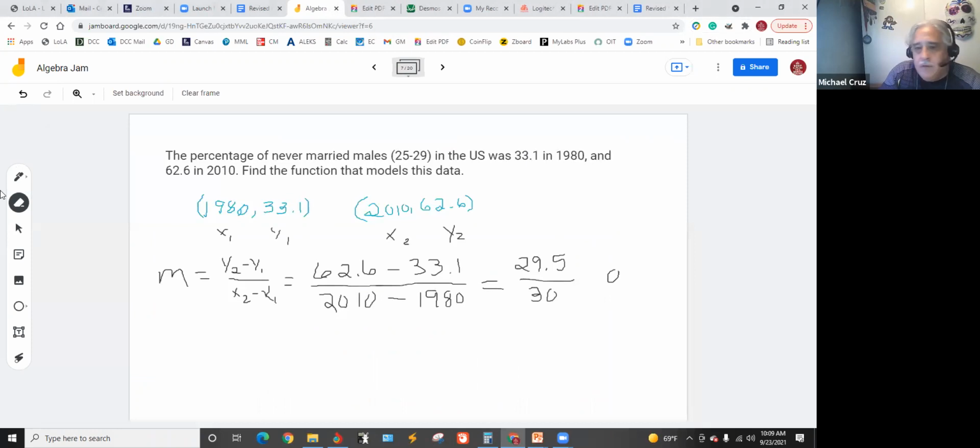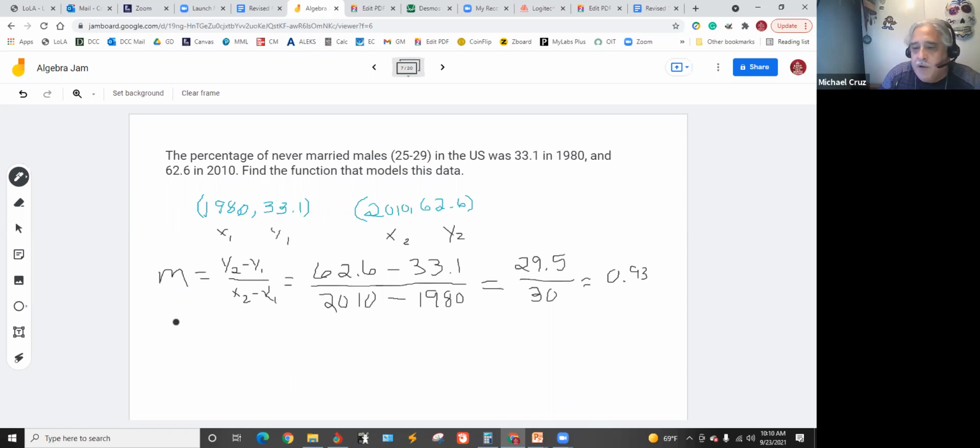Approximately, because you have to round it off, because it's a repeating decimal. It would just be 0.983333333. So whatever they're asking it rounded off to, in this case, it's hundredths. That's what they're asking in this problem.